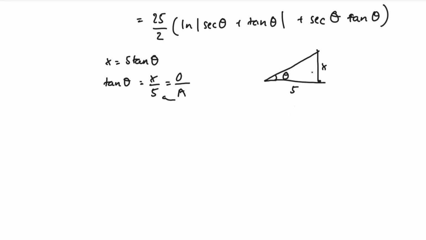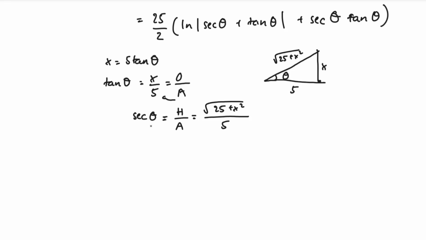Based on the triangle, we're going to find secant and tangent. Secant of theta equals the hypotenuse over the adjacent. Using the Pythagorean theorem, the hypotenuse is going to be the square root of 25 plus x squared, and the adjacent is 5.